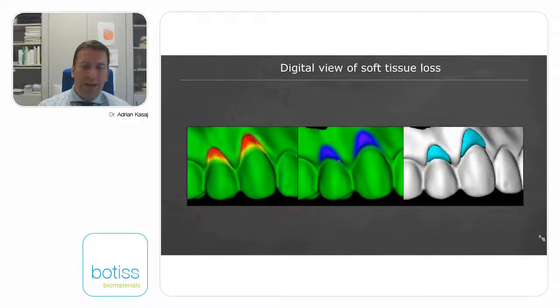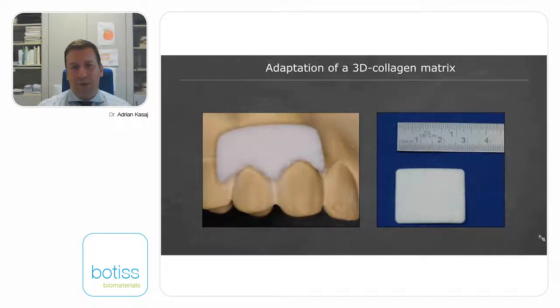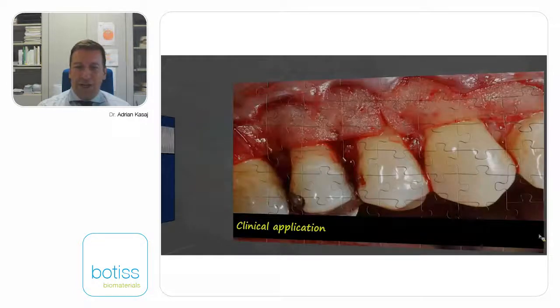And so our idea was to scan the area of the recession defect to quantify the missing volume. And so we can measure virtually this soft tissue loss, and then we can prepare our 3D collagen matrix. We can combine it with biologics, and it's definitely prepared for the use on the patient.